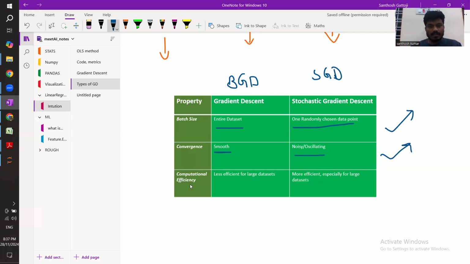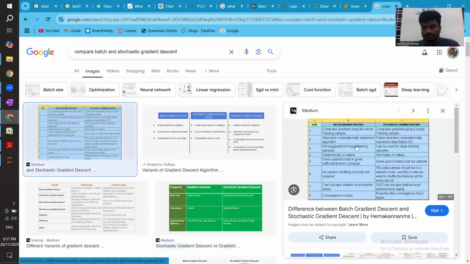Computation-wise, BGD is less efficient for large data sets, as it will take more time. Stochastic is more efficient, especially for large data sets, and faster.